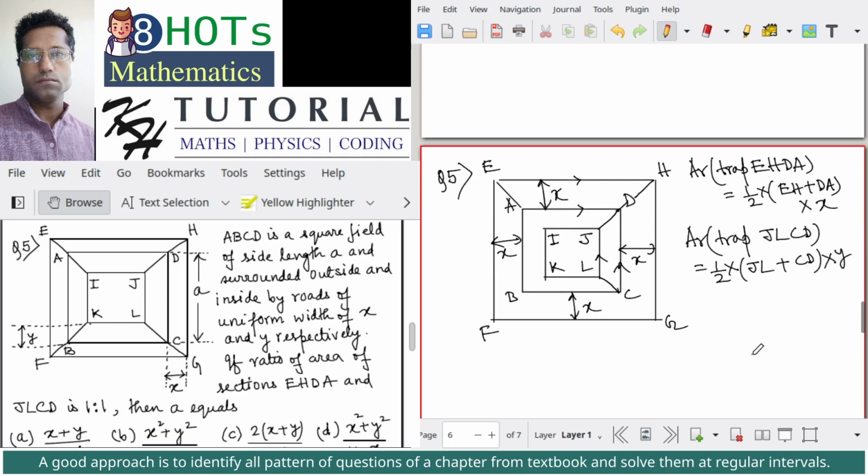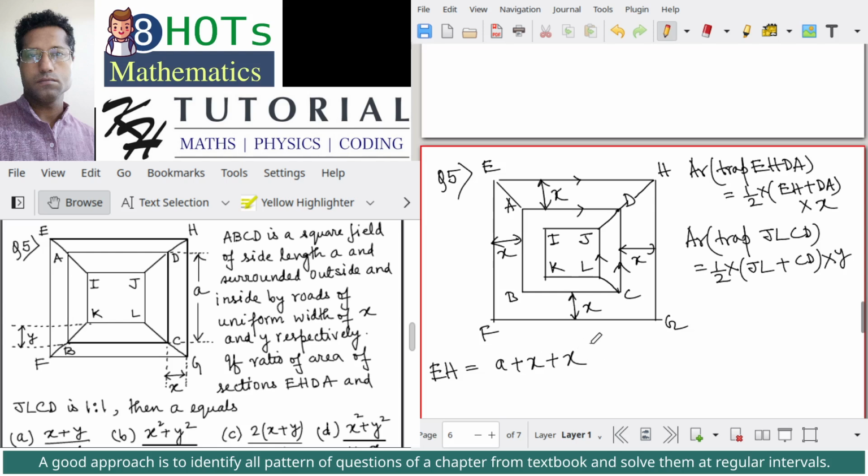Okay, what is EH? The side length of the square field is A, and outside it the road has a uniform width of x. So EH will be A plus x plus x.